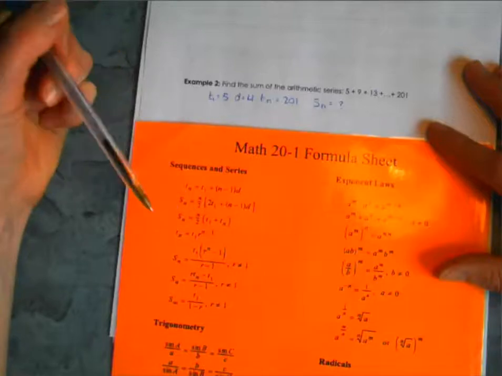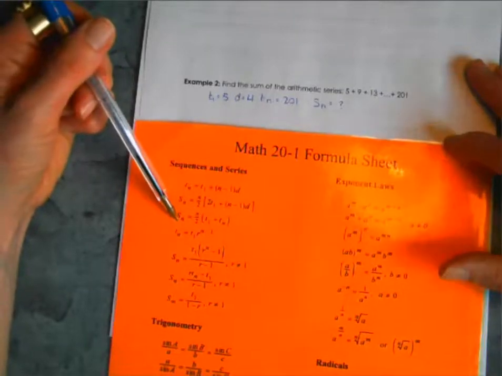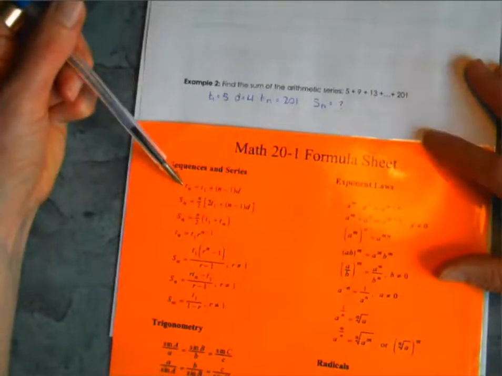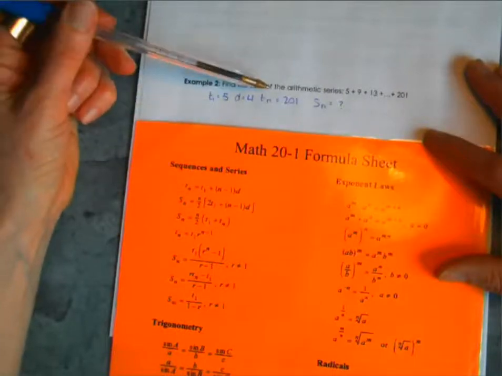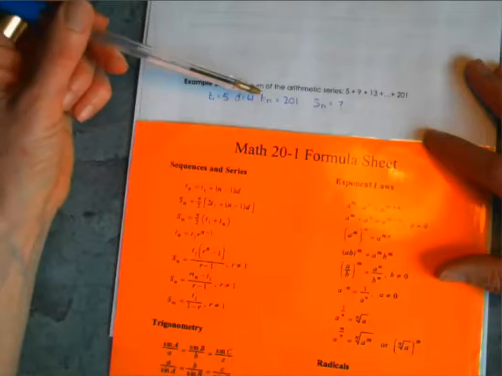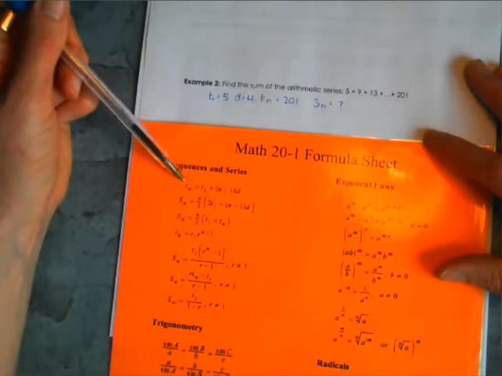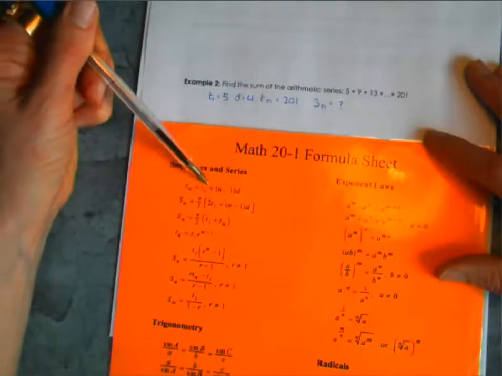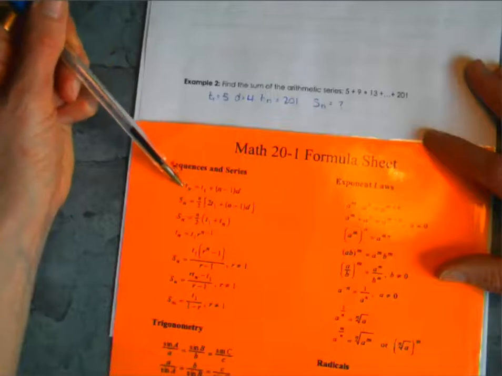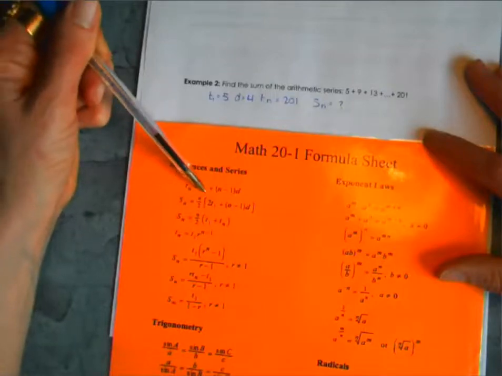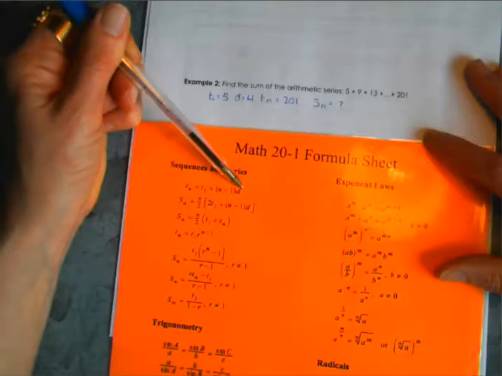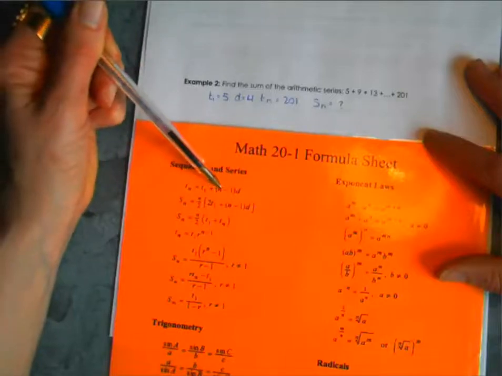Where else can we get that? Well, one of the things we can use is the formula that we had for our Tn, because if we think about which variables we have, we know the number for Tn, we know the number for T1, and we know the number for d, and so the only variable we're missing is n, right?